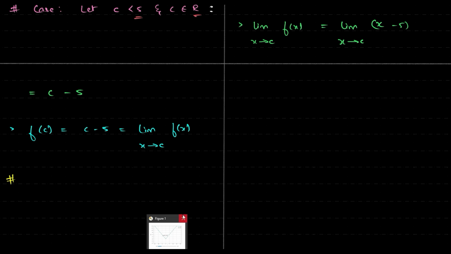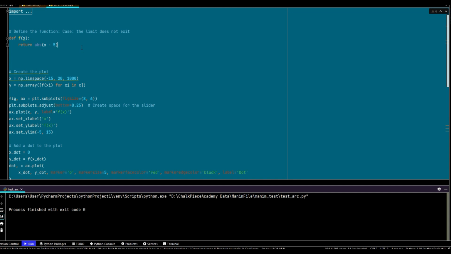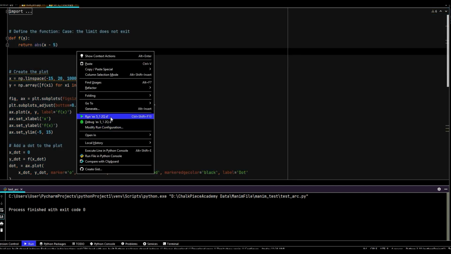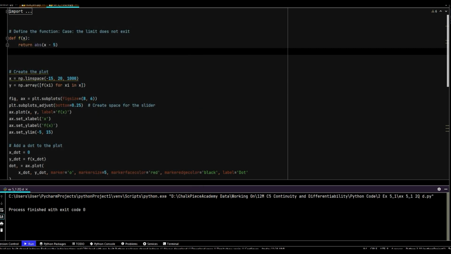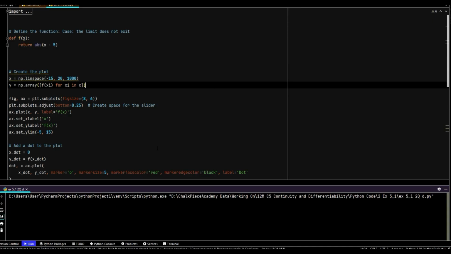So I forgot to show you guys the graph. So let me show the actual graph. So we have x minus 5. Oh my bad, this is supposed to be x minus 5, and oh no, the expression is correct, absolute of, it's correct.